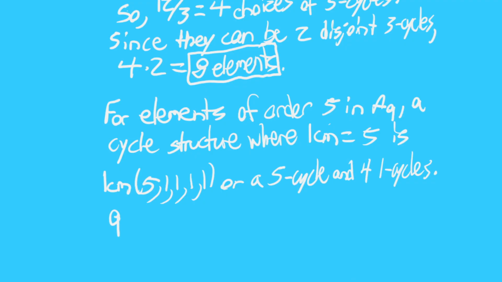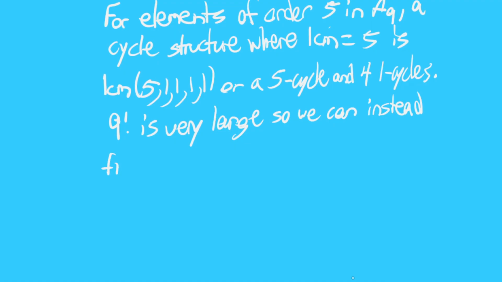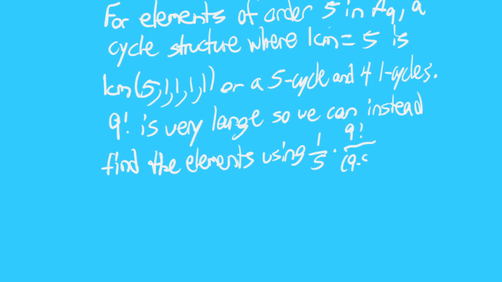So 9 factorial is very large. So we can instead find the elements using this formula: 1 over 5 times 9 factorial over 9 minus 5 factorial, or 9 factorial over 4 factorial times 1 over 5, and that gives us 3024 elements.